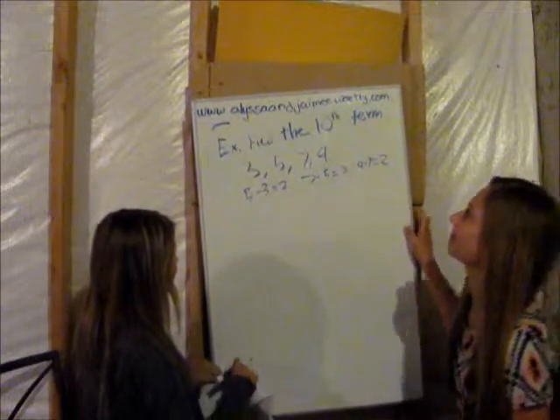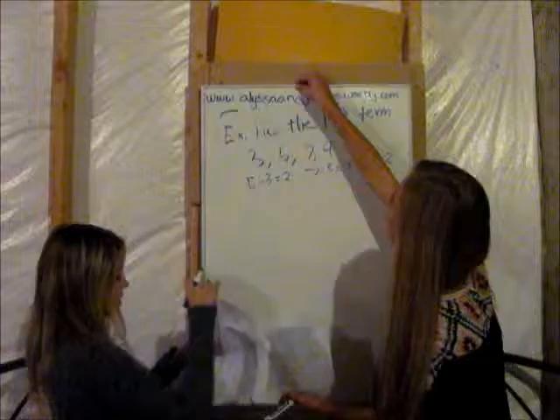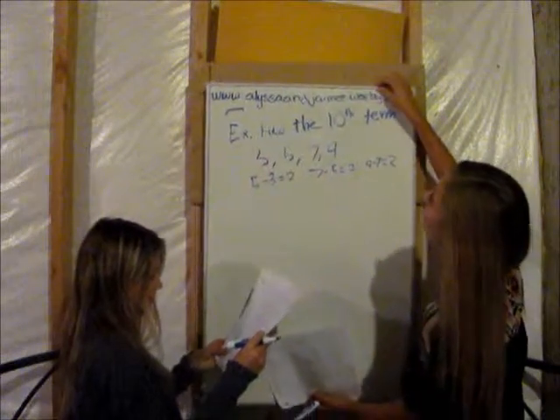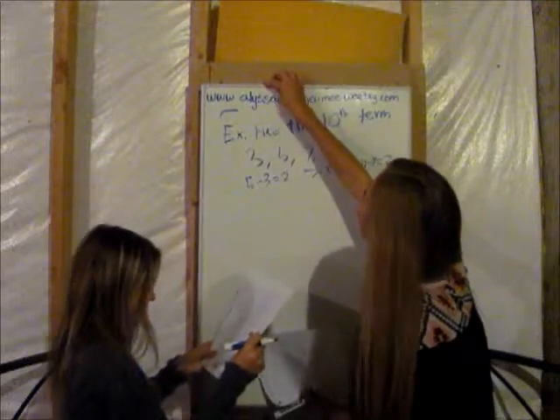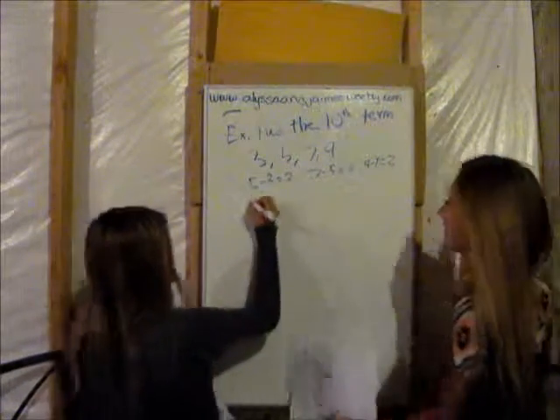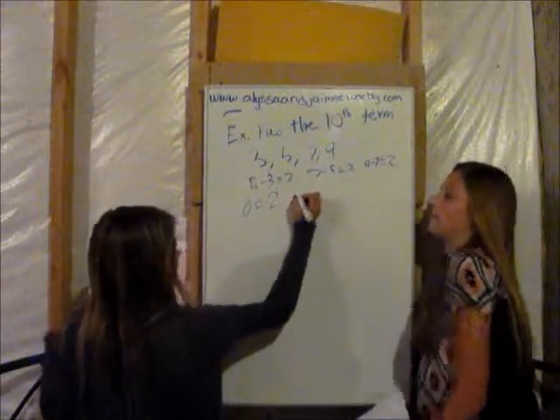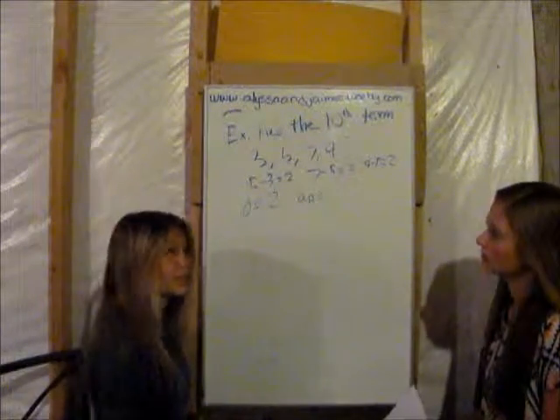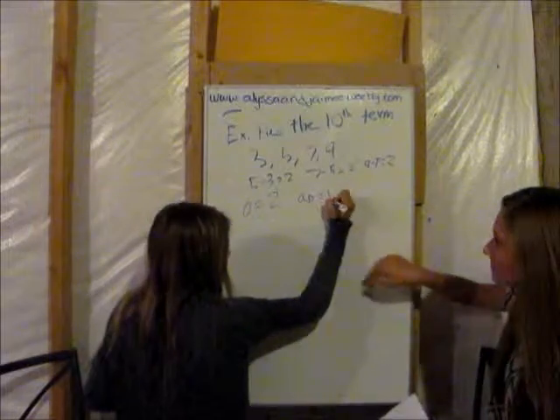So you found the D, which is 2, and then you find A of n, which is the term you want to find, so that's 10, because that's the term it tells you.